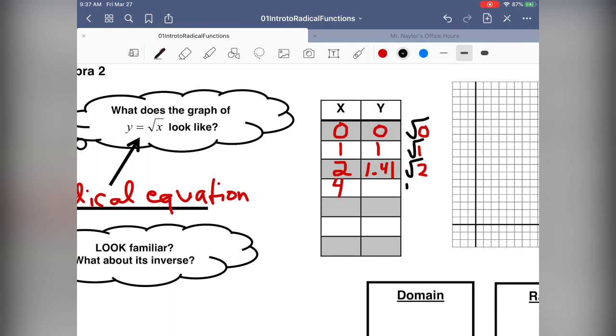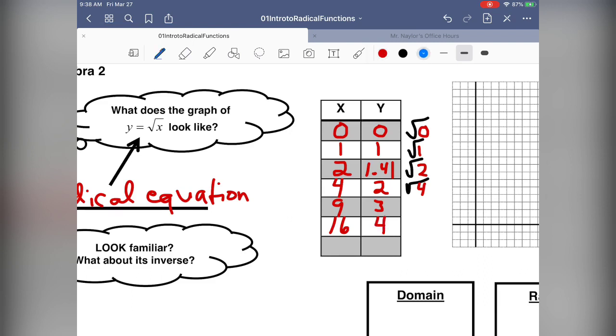Okay, the square root of 4 is easily known, and so the output would be 2. How about the square root of 9? Well, of course, the output of that would be 3. And can you think of one more that should go in this table? It would make sense to use 16, as the square root of 16 is 4.